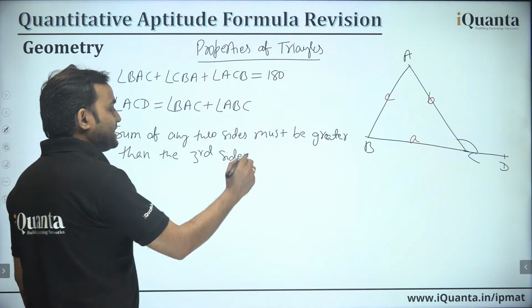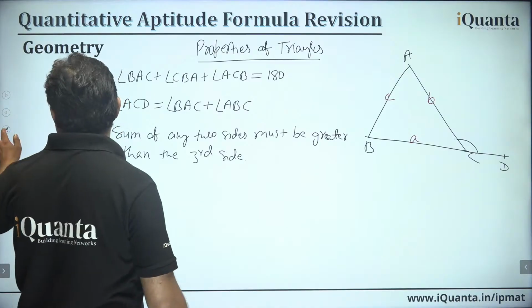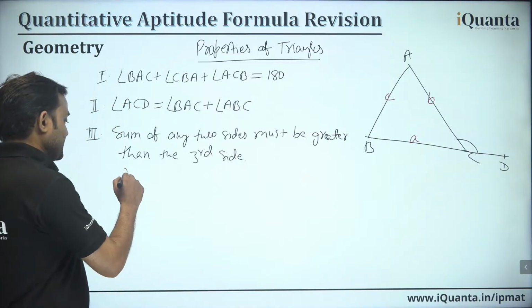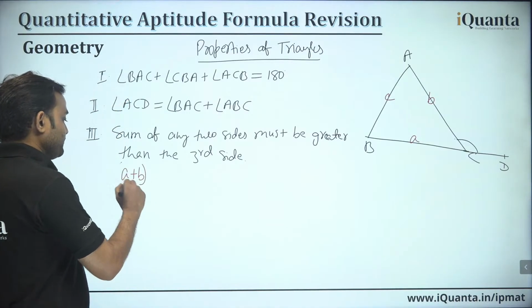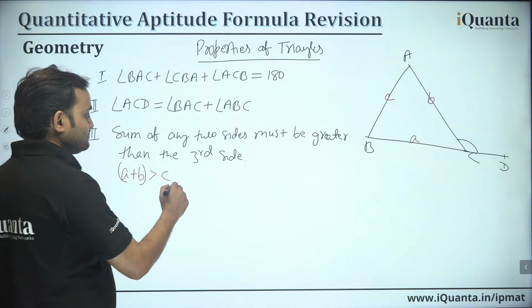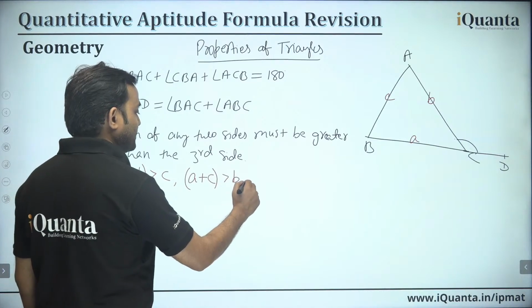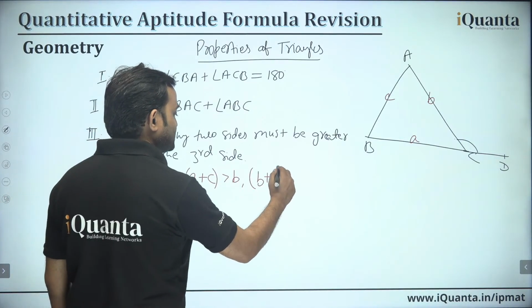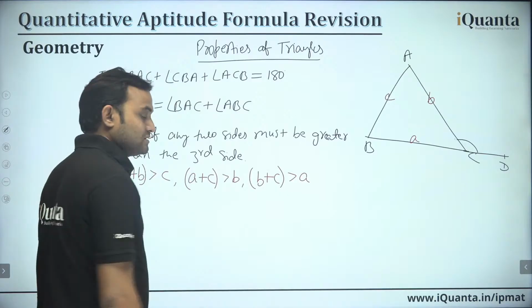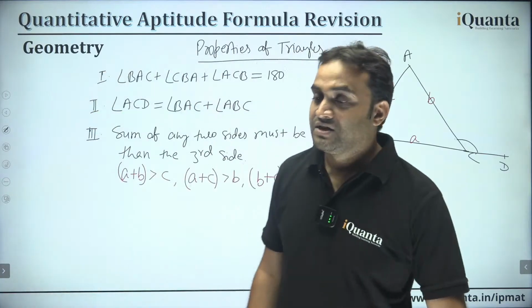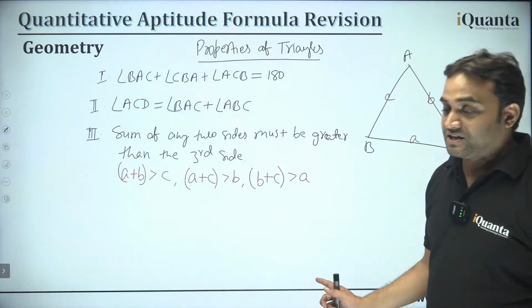Sum of any two sides must be greater than the third side, meaning we can say a plus b will be greater than c, or a plus c will be greater than b, or b plus c will be greater than a. Okay, sum of any two sides will be greater than the third.